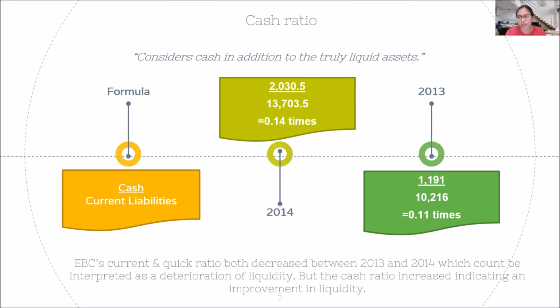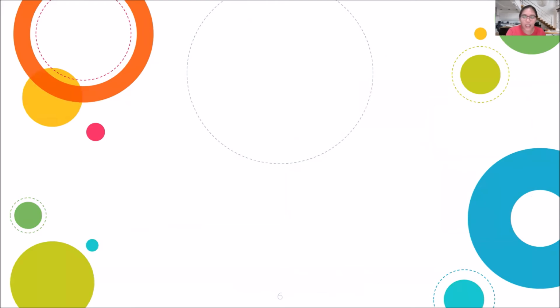So as we go along, siguro ma-answer natin yan. Okay, so those are liquidity ratios. What is important with liquidity is to know if the company can pay its liability.